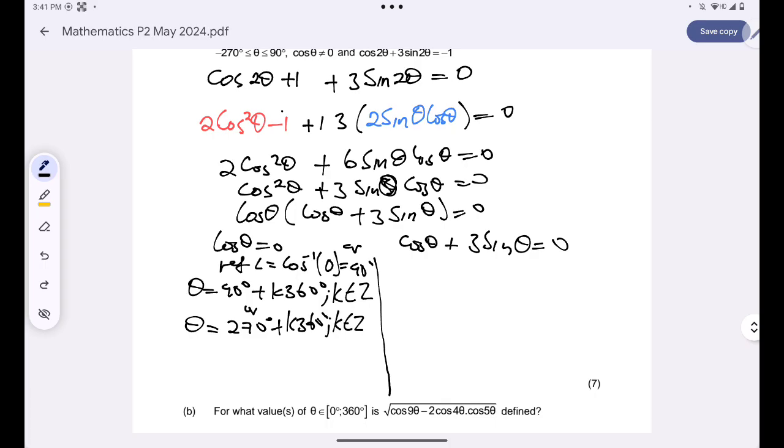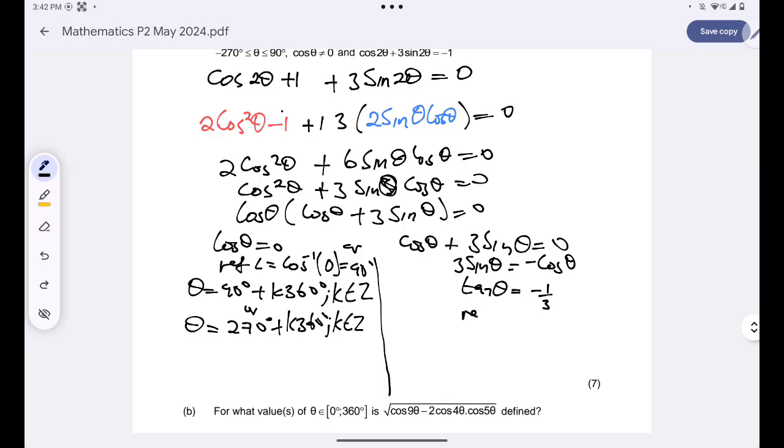And then over here I can simply say 3 sine theta is equal to negative cos theta. If I divide everything by cos, I'll have tan theta, and then I'll have negative 1 over 3 on the other side.